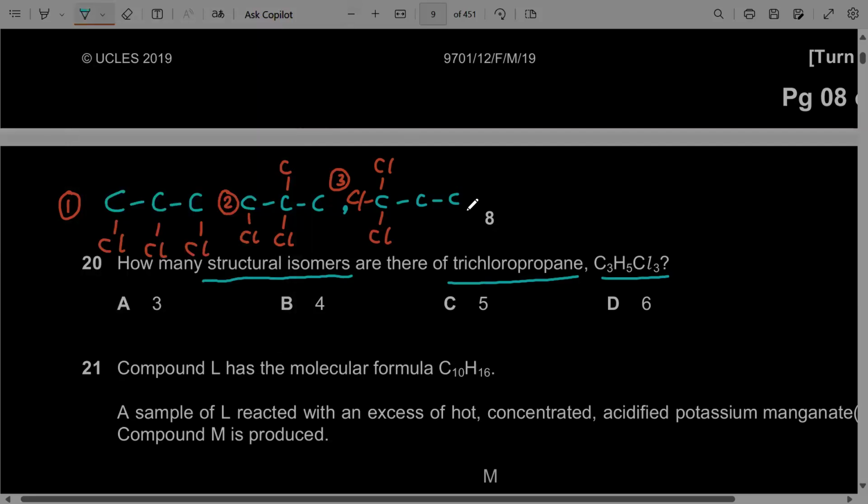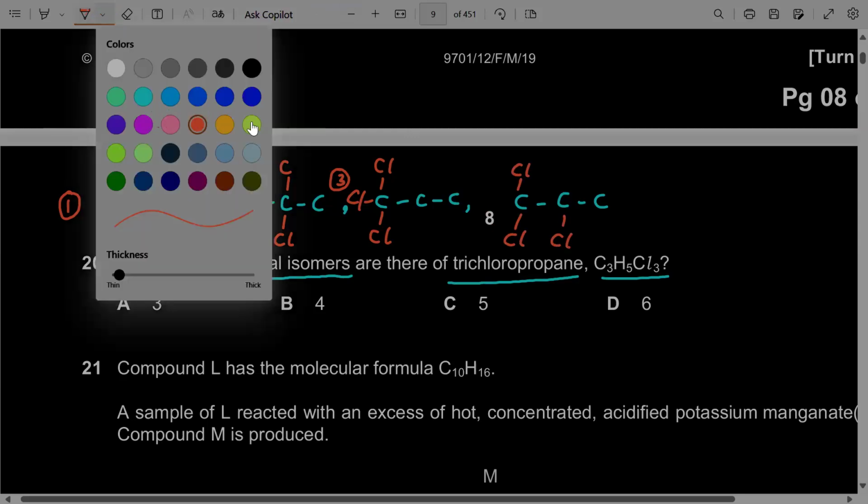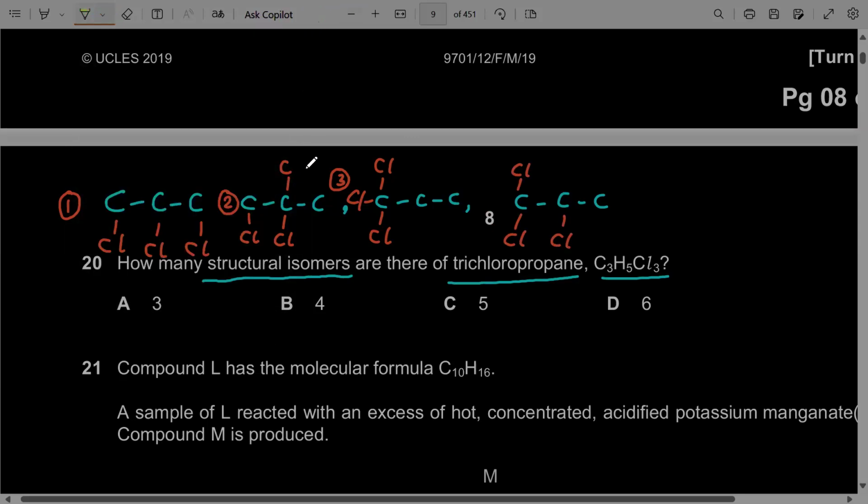Now another arrangement, 3 carbon atoms. This time there will be 2 chlorine atoms on the left carbon, and the central one has 1 chlorine atom. Now you can match these 2 isomers, the second and the fourth. They are different from each other.